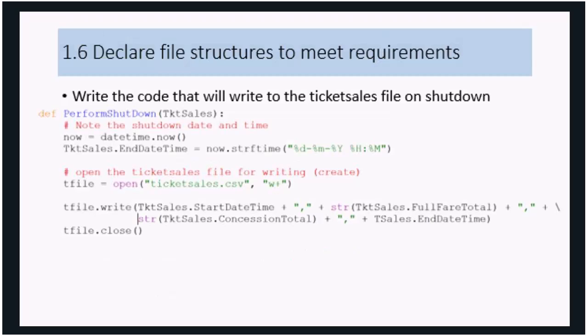This bit here, the backslash, that is a line continuation. So I've split that line because it was a very long line of code. And that's what the backslash does. You just interrupt the line and move on to, and basically press enter so that it goes down onto the next line. But you need to introduce the backslash character to continue it. And then close the file.